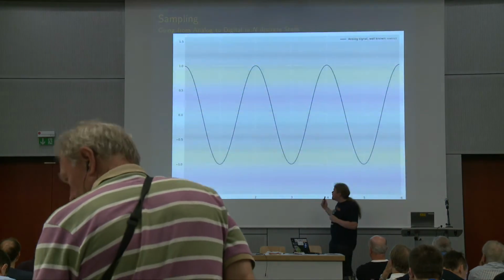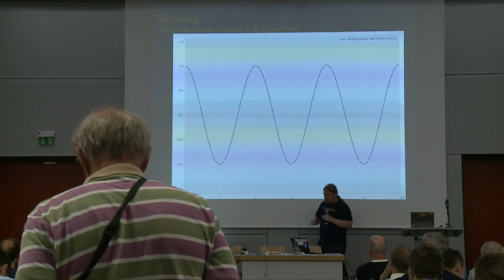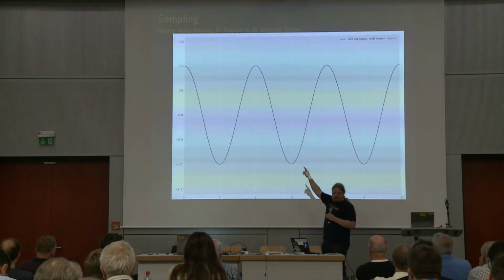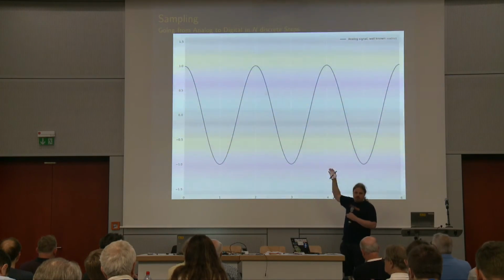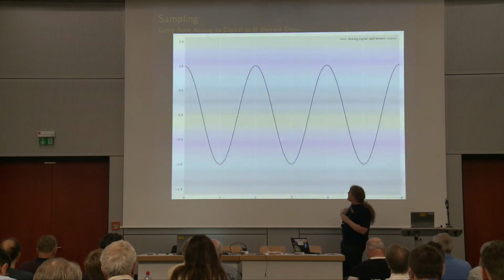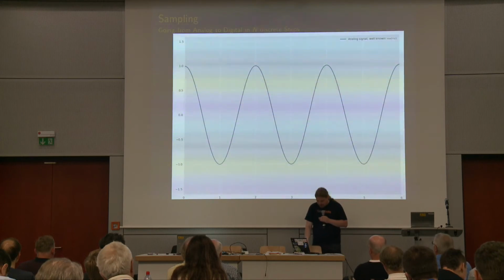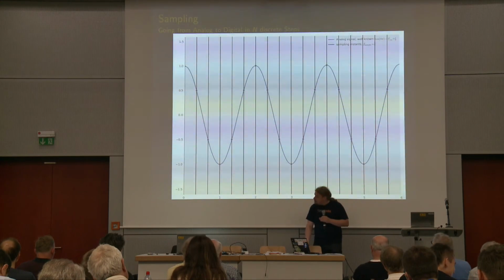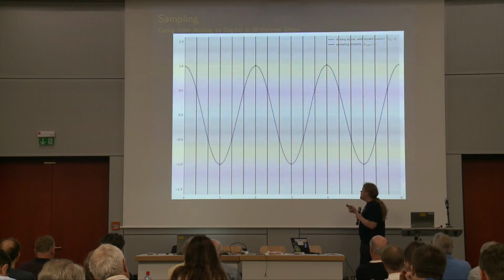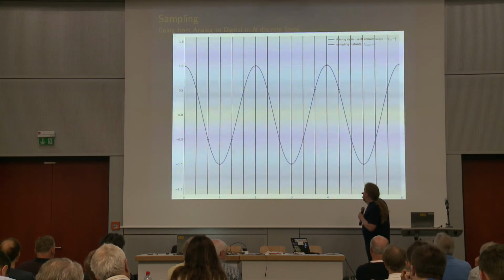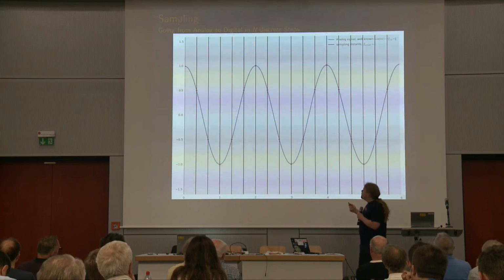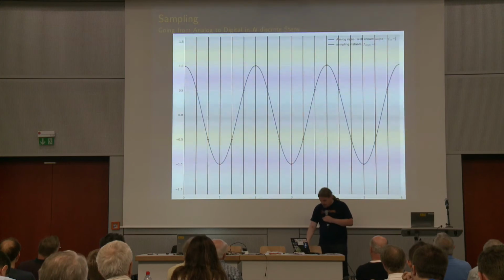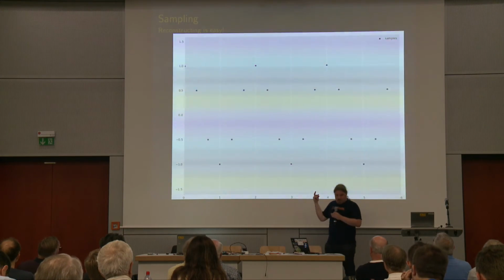So let me go back to the concept of sampling. So we say, let's take away the noise and just look at the sine wave, or actually this is a cosine wave. So this was the analog signal, and I added the sampling times as vertical bars here, and marked around the points, and so we get our samples.